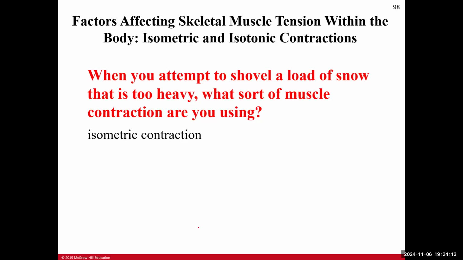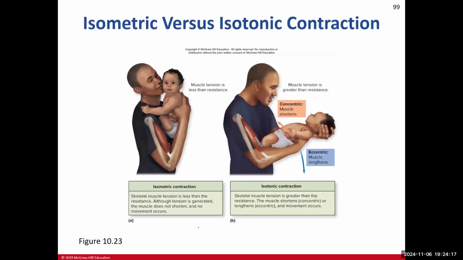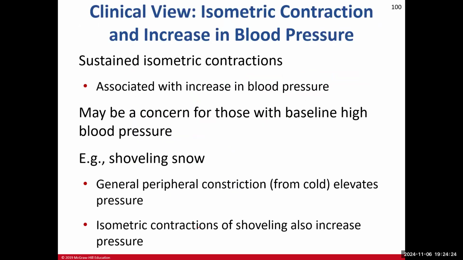I'm still contracting my muscles, no movement's occurring because I'm not able to overcome the resistance there. And that's what you see here. All right, this leads me into how, up north, we saw it all the time where they would say, we caution people from shoveling the snow when it's wet and very heavy, and especially older folks, because isometric muscle contractions can increase blood pressure.